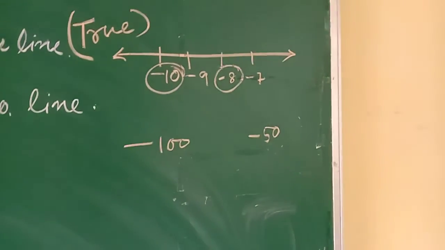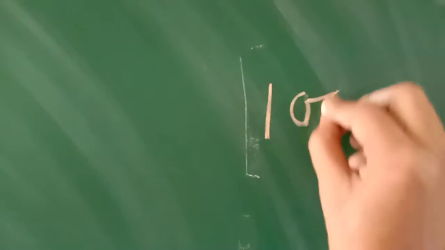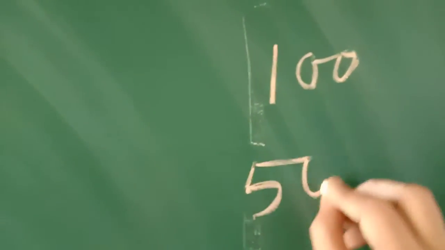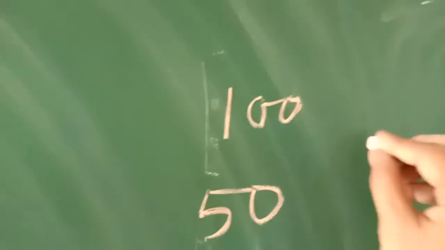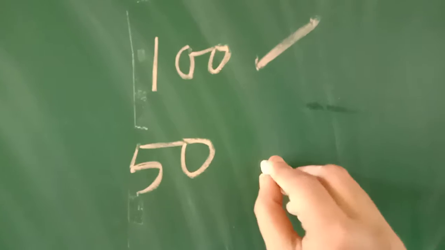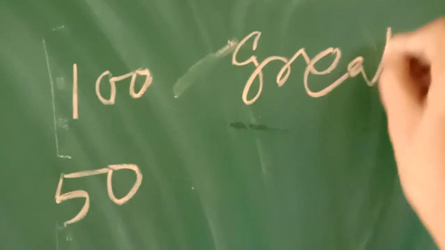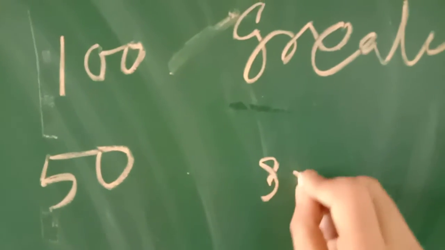You know that in ordinary numbers, when both are positive, 100 and 50, 100 is greater and 50 is smaller.